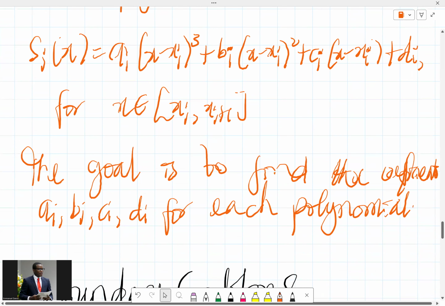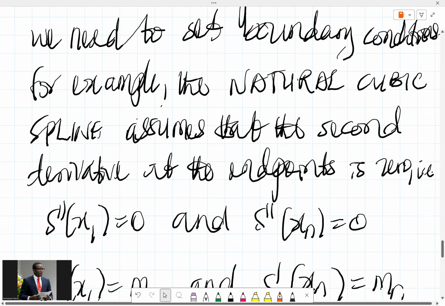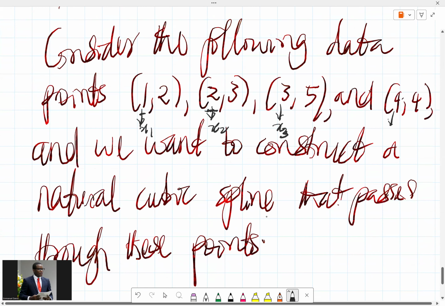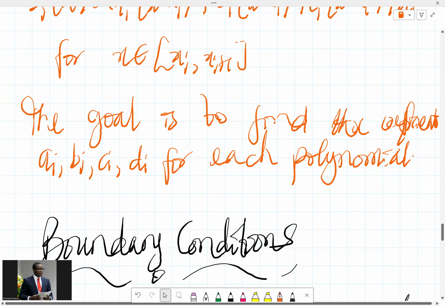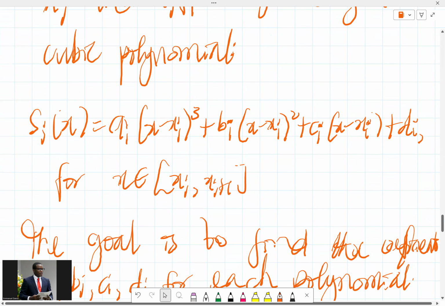Of course, we already know all the x values from the question. This is x1, this is x2, this is x3, and this is x4. Our focus now is on x1. So we have S1(x) equals A1 into (x minus 1) cubed plus B1 into (x minus 1) squared plus C1 into (x minus 1) plus D1.